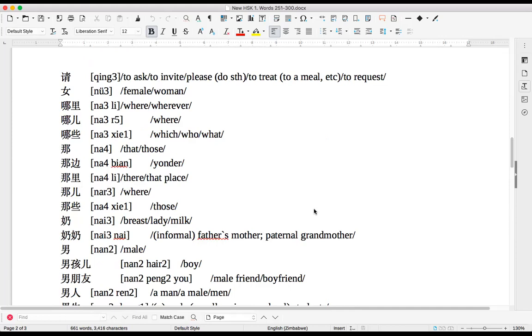But there's that first nar, and then another one a little further down. It's also nar, but it doesn't have the fifth tone the first one has. I was a bit confused by that one. This one is more like a neutral tone; if you look at the fifth one, it says neutral.